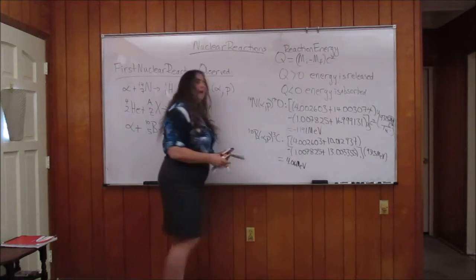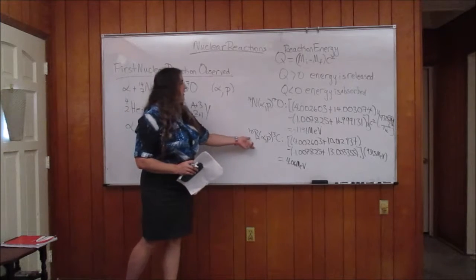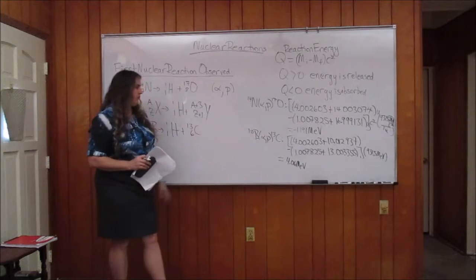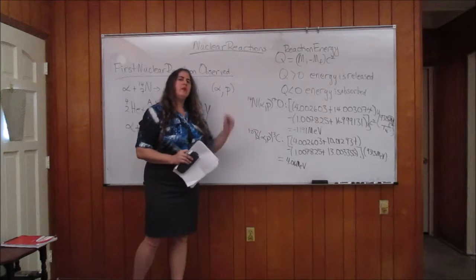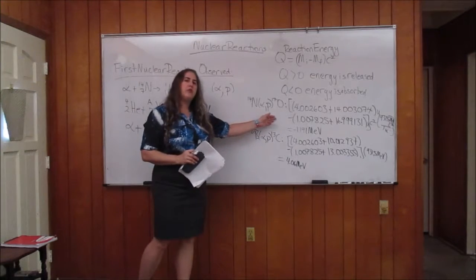In this case, the second case, 4.06 mega electron volts of energy will be released as a consequence of this nuclear reaction. So I mentioned this energy has to be provided by something, otherwise this reaction will not occur.